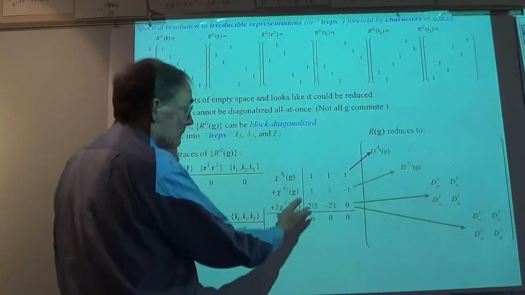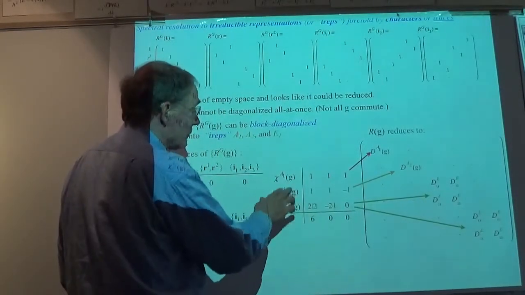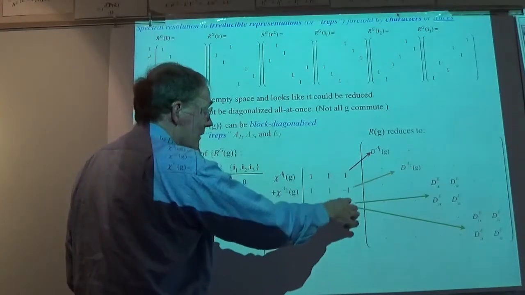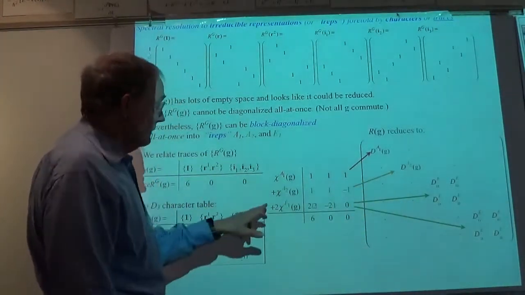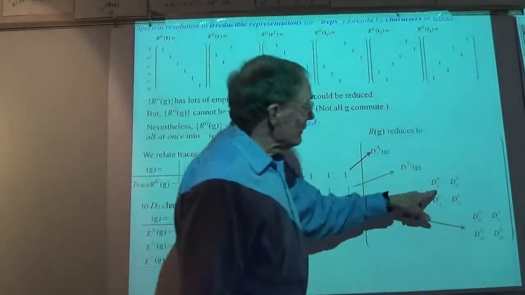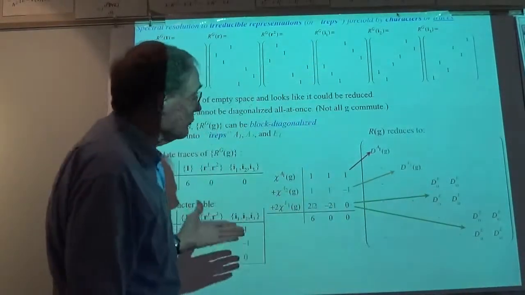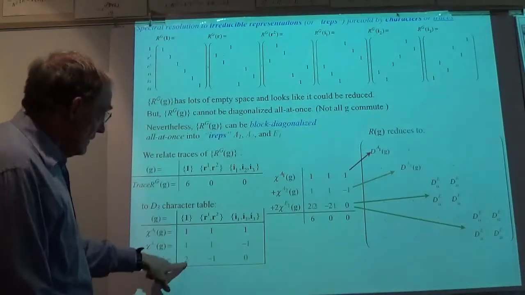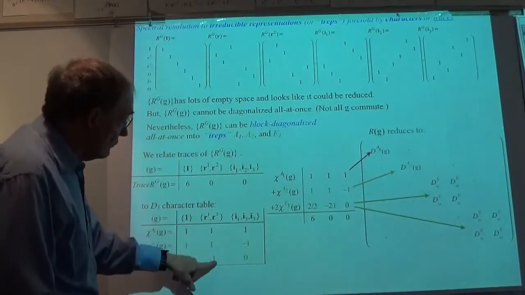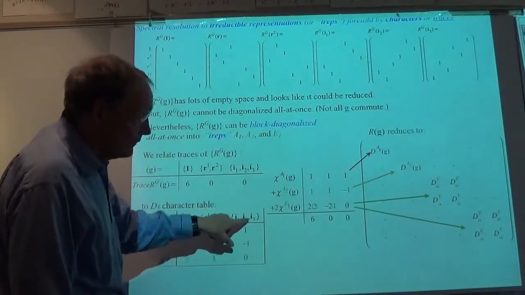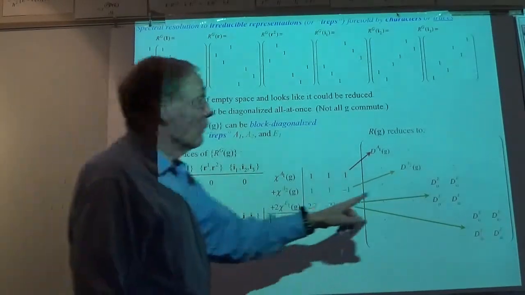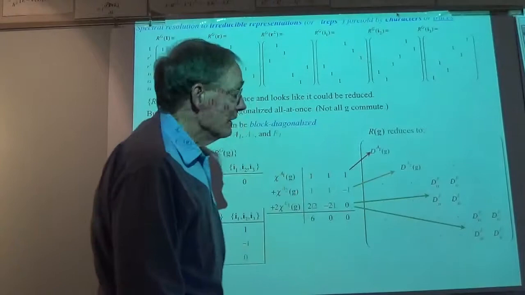And then, well, this is 0 already, so it's just a sum of those two for the last one also gives 0. So this is showing that 2 of these representations that have a trace of 2 for the identity and a minus 1 for this class and a 0 for each element of this class, there will be 2 of them in the reduction.